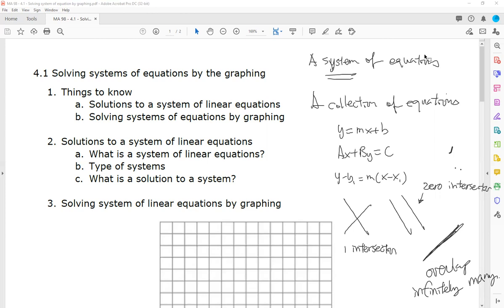The one with one intersection is called consistent independent. The overlap one is called consistent dependent.